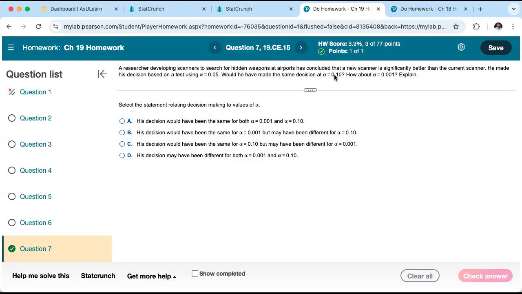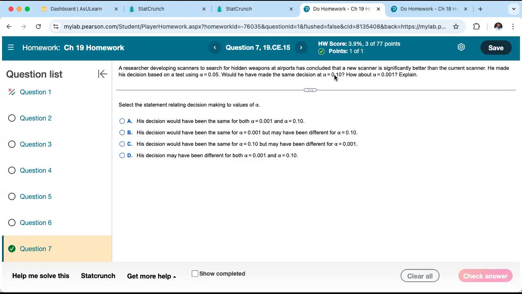So you know the p-value is less than 0.05 because he rejected. This p-value, I don't know. So in my mind, let me just put 0.04 here.